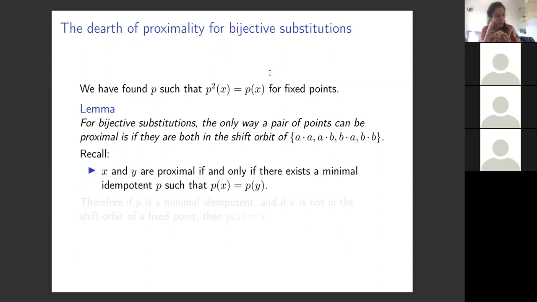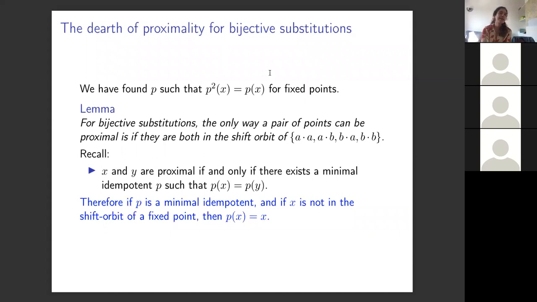So you can sit down with a pencil and in about 2 lines, you can show that if I have a point X which is not proximal to anything, then any minimal idempotent must fix X, right? And so, to summarize here, the minimal idempotents collapse fixed points and they leave everything else that's not in the orbit of the fixed points fixed, okay?